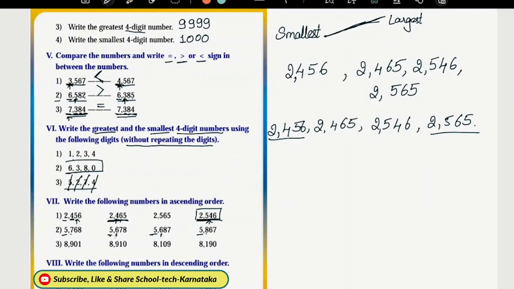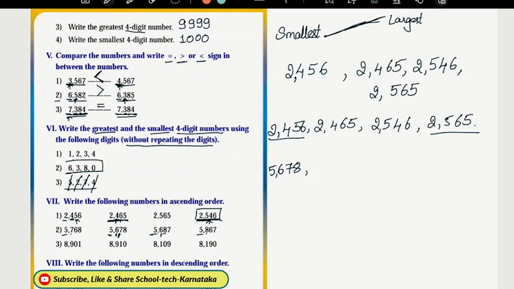So the smallest in these two is, here at tens we have 7 and at tens we have 8. So this is our smallest number. 5678 is our smallest number.